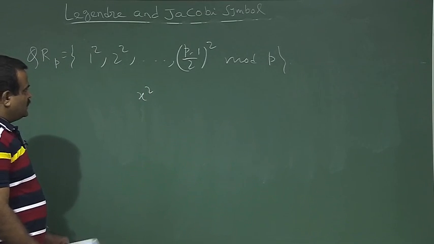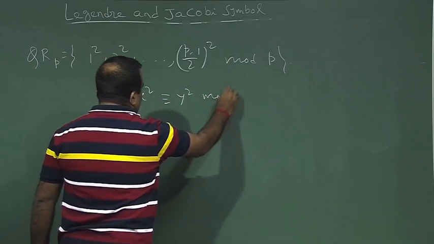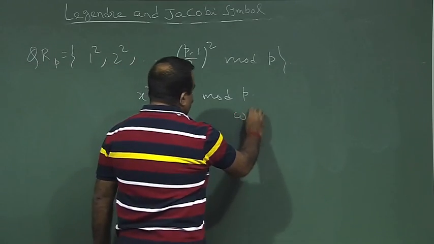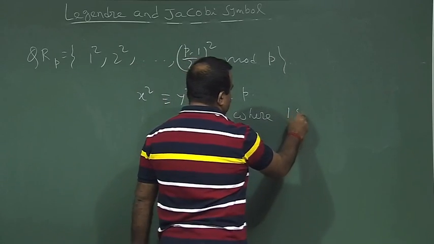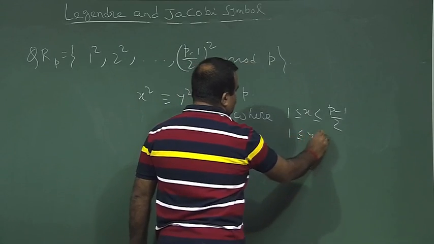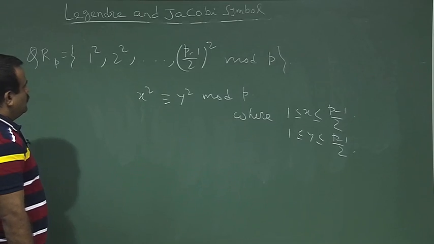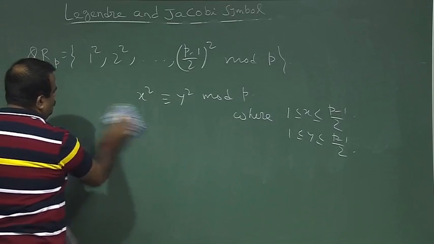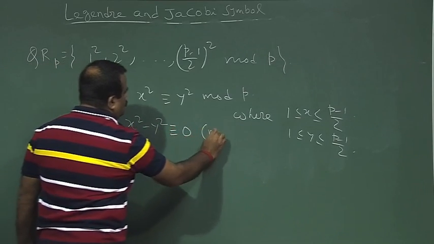Suppose they are not distinct, suppose x square is congruent to y square mod p, where x and y both come from 1 to (p minus 1) by 2. Now, from here we can say x square minus y square is congruent to 0 mod p.